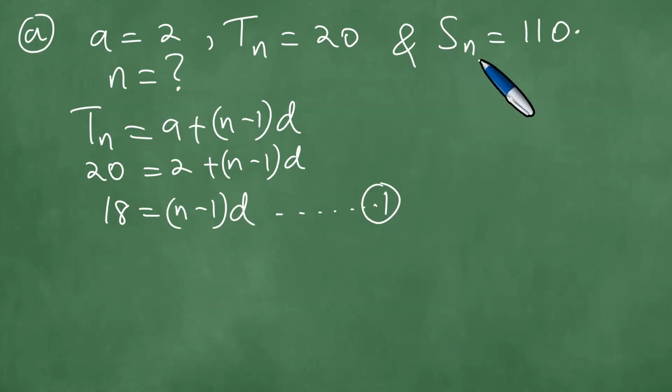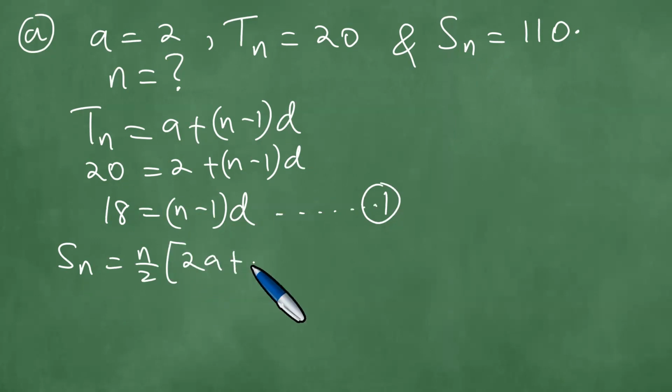Now, what is the sum formula? The sum formula is n over 2 into 2a plus n minus 1 into the common difference. Now, what is the sum?